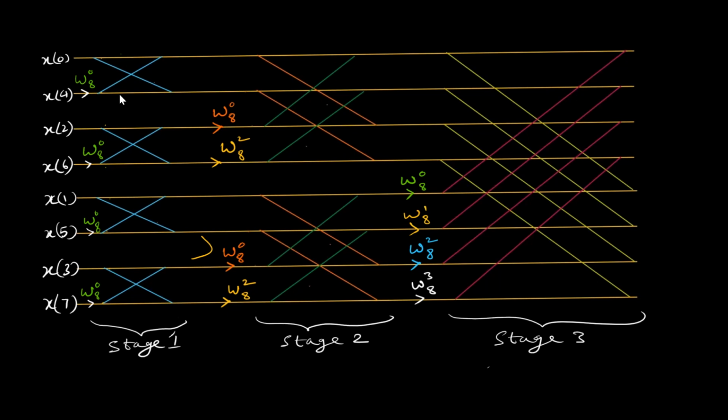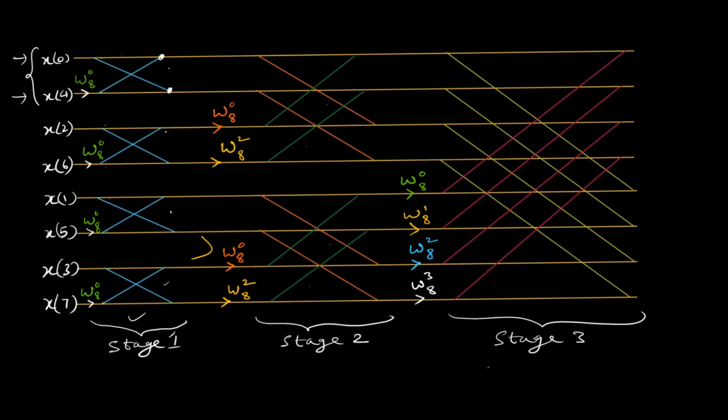Now as all the twiddle factors are in place, for stage 1 we have 4 butterflies, 1, 2, 3 and 4. So we have pairs of 2. This x0 will pair with x4. This value and this value we can calculate by standard results.